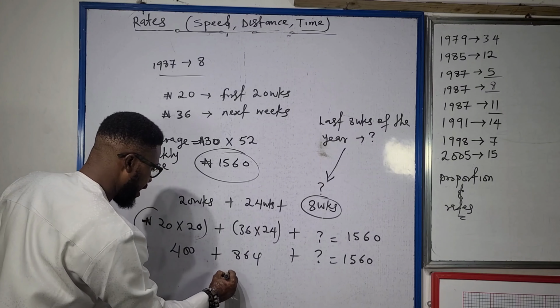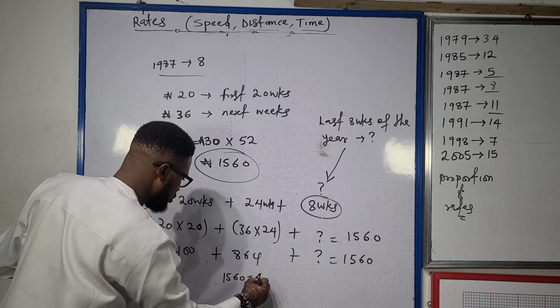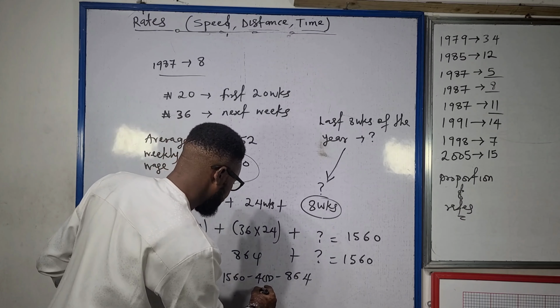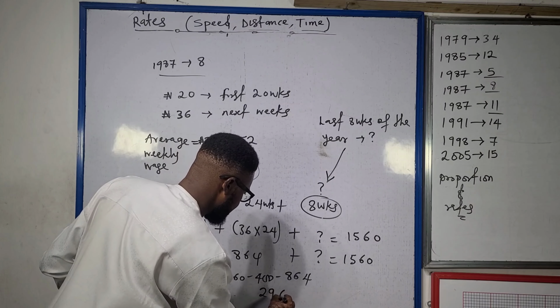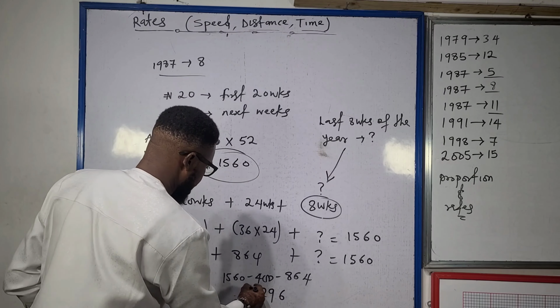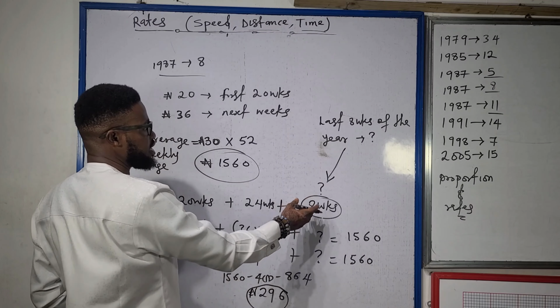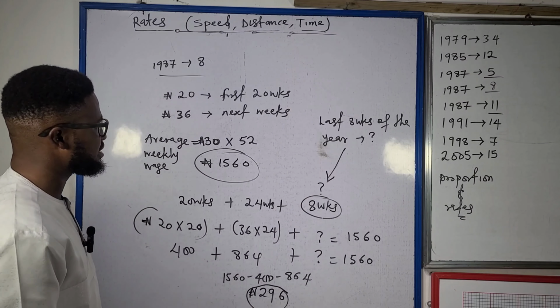So 1,560 minus 400 minus 864, that is 296 naira. That is what is going to be left. So that 296 naira is what is going to be shared into 8 places.